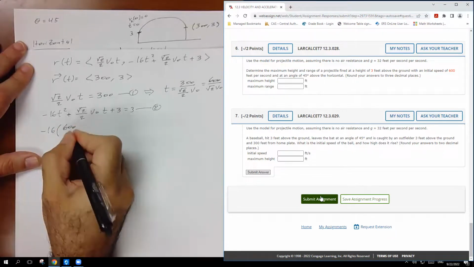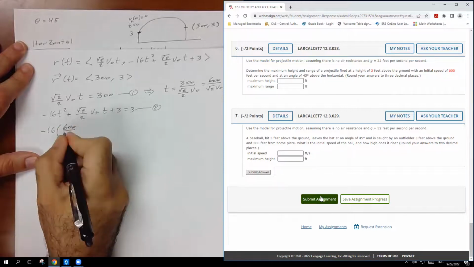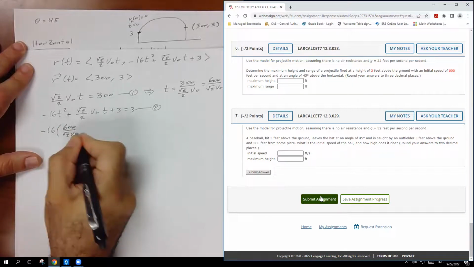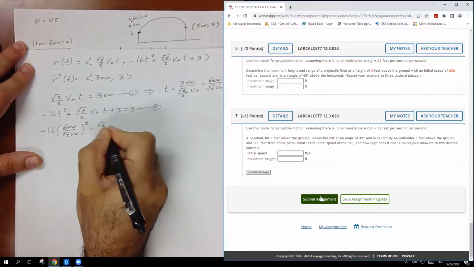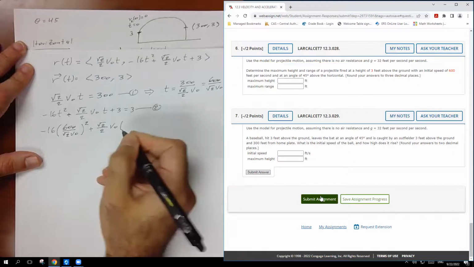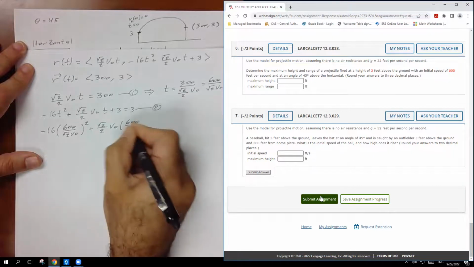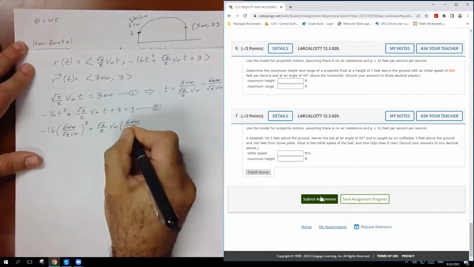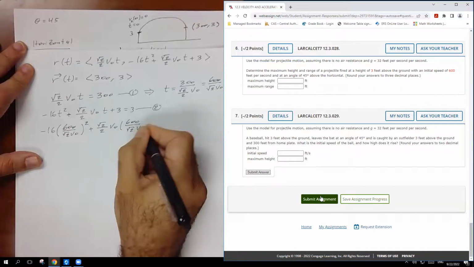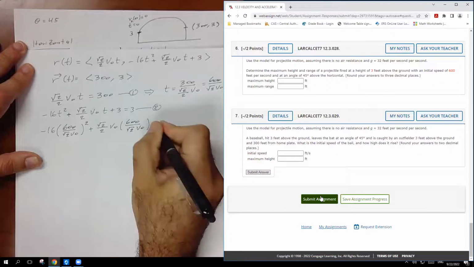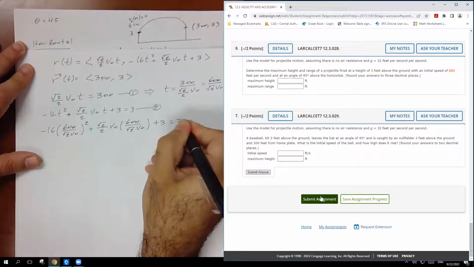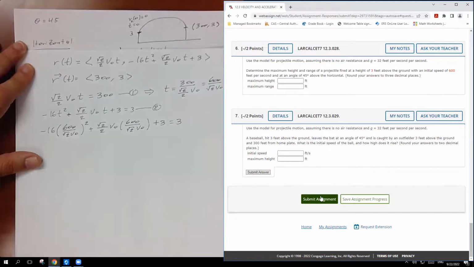600 divided by square root of 2 v naught, squared, plus square root of 2 divided by 2 v naught with the time 600 over square root of 2 v naught, plus 3 equal to 3. Then 3 minus 3 is 0.